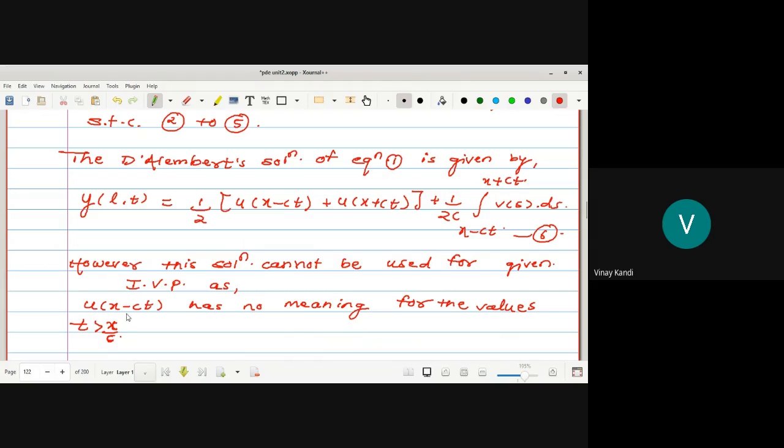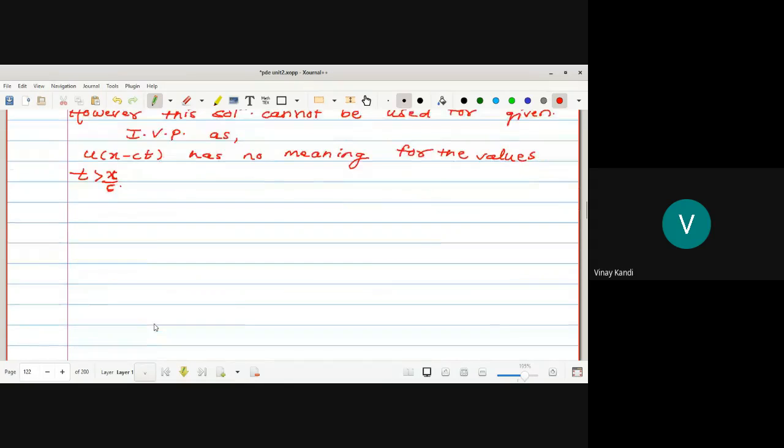Okay, u(x minus ct) has no meaning for values of t greater than x upon c. Therefore, we modify the given solution. Therefore, we modify our finite string problem to an infinite string problem. For the finite string problem we need a solution, and for that we extend the finite string to an infinite string problem.